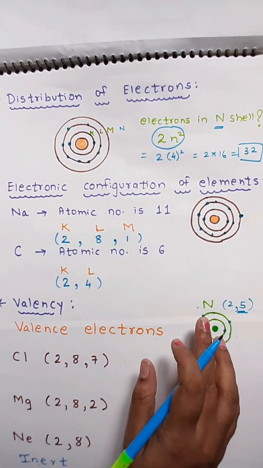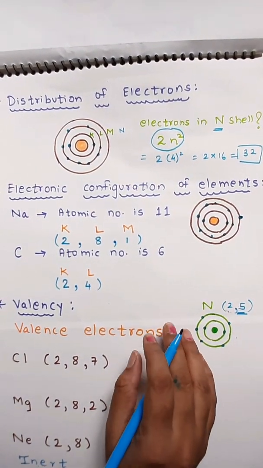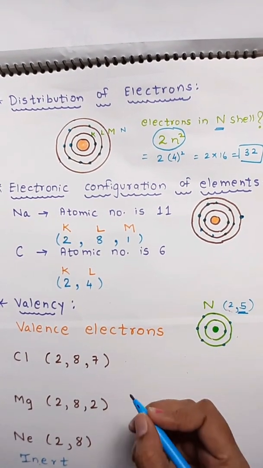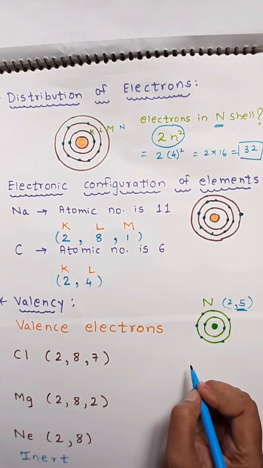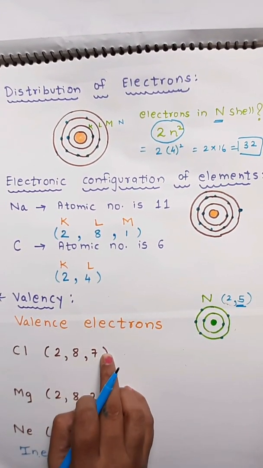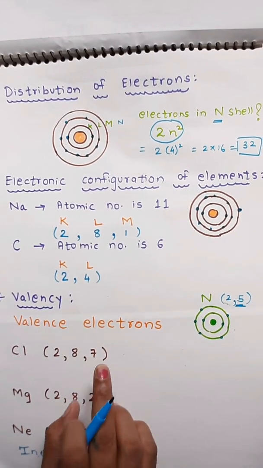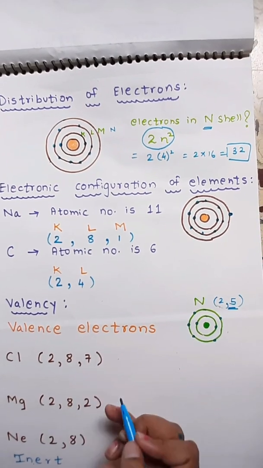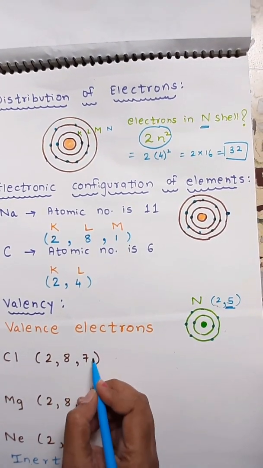Okay, now if I take an example of chlorine, then look at the electronic configuration of it, 2, 8, 7. The last orbit of all the elements should have 8 electrons. In order to complete its octet, every element wants to complete the octet by having 8 electrons in the outermost orbit. I am talking about the outermost orbit. So chlorine has 7 electrons. So chlorine wants to gain octet.